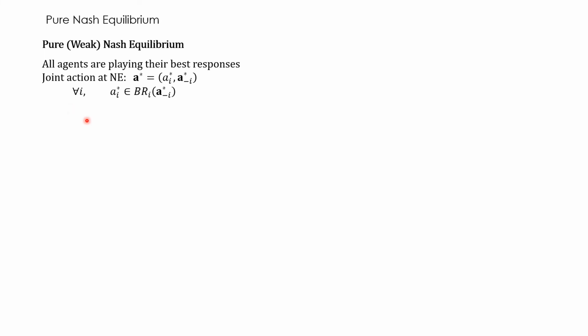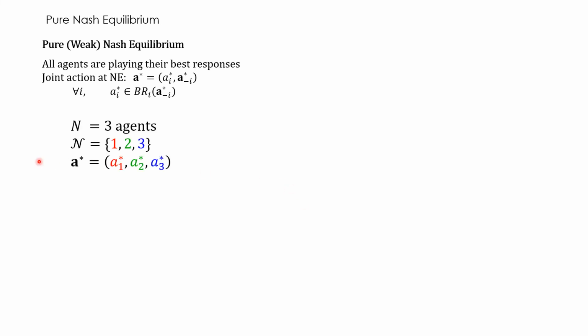So mathematically restated, what we mean is all agents are playing their best responses. So for each agent i, the action at Nash equilibrium, a star i, belongs to the best response of i to the opponent joint action at Nash equilibrium, a star negative i. So this is one definition of a Nash equilibrium.